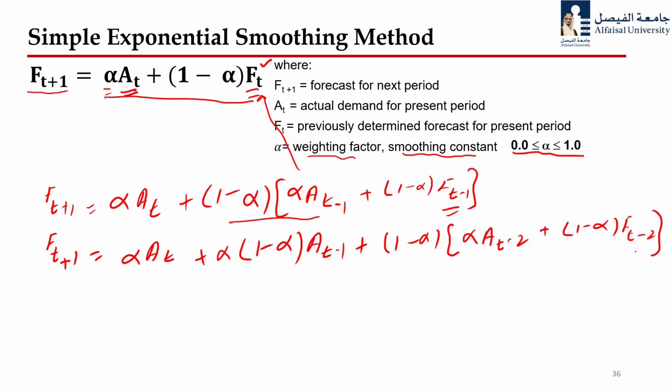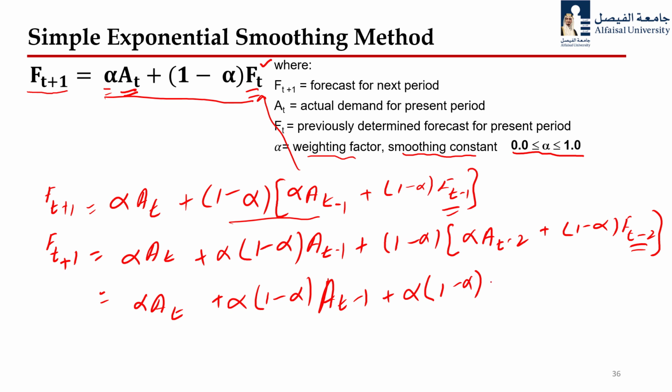If we continue once again, ultimately we get alpha A_t, then alpha (1 minus alpha) A_(t-1), then alpha (1 minus alpha) squared A_(t-2), and then (1 minus alpha) to the power 3 multiplied by F_(t-2).